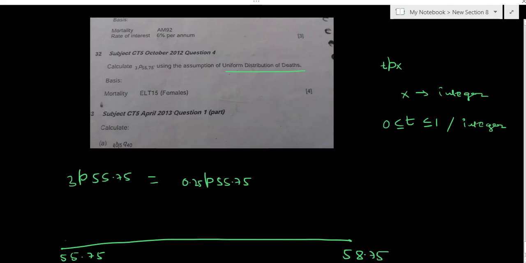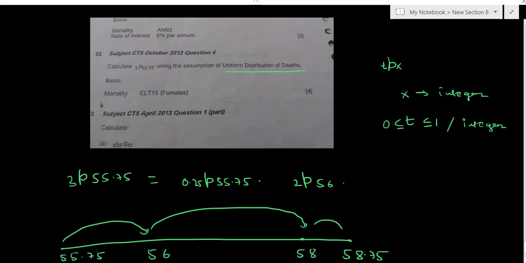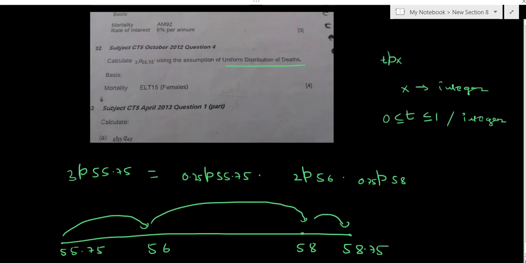The first step I'm taking is from 55.75 to 56, so this is 0.25 p55.75. Next, I can go from 56 to 58 directly, because this value I can calculate directly. This would be 2p56. And the next step would be from 58 to 58.75, 0.75 p58. So this is how I can open this up.